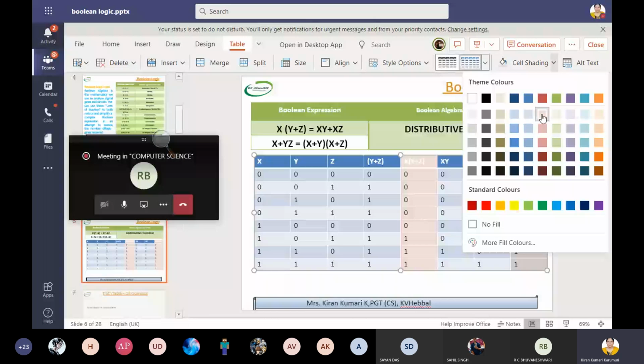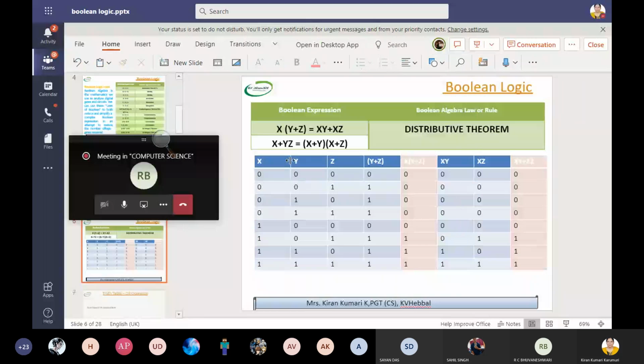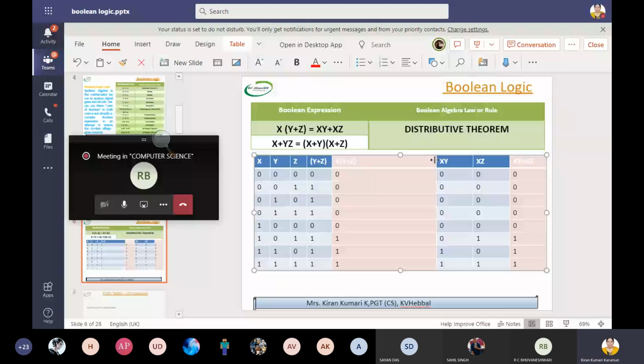So hence proved. First part of the theorem is proved. Now you prove the second part. Whenever you are proving using truth table, both should be there.